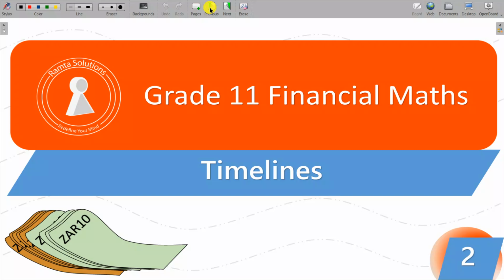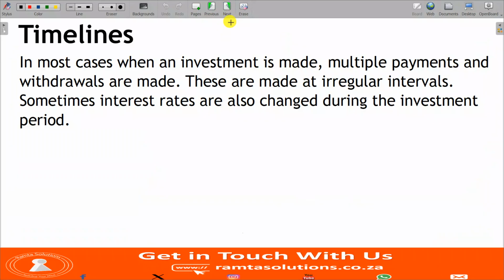So today, in the second video, we're looking at timelines. By now you have seen that we've been making one investment during an investment period.